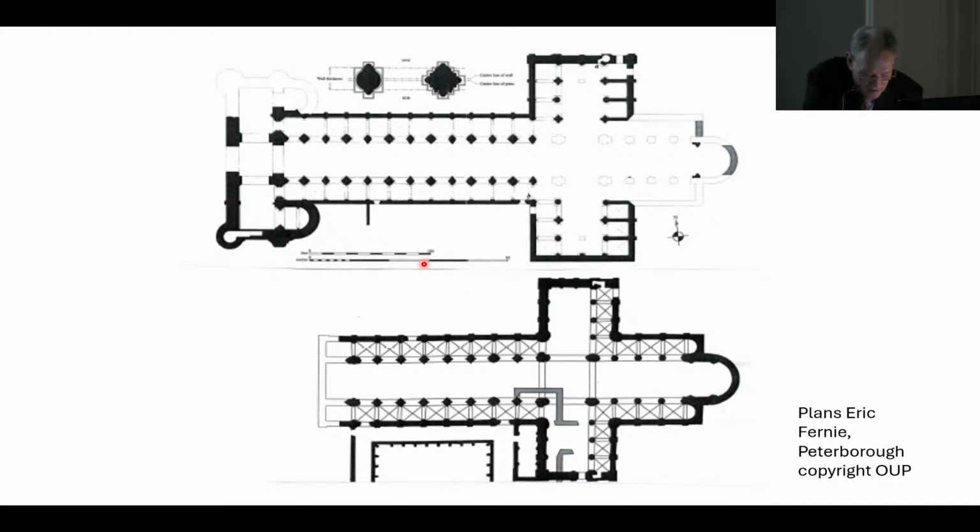A second bit of circumstantial evidence is that there is, of course, a plausible historical context for wanting to aggrandize the West End of Ely, and that is because, as I'm sure you all know, there was a campaign to turn it into a cathedral, eventually achieved in 1109, but clearly in contemplation from about 1100.